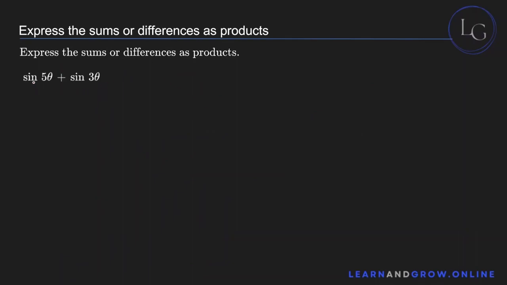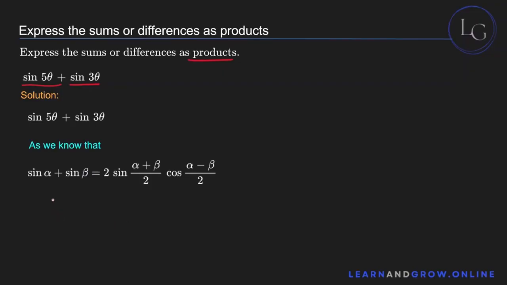It says that sine 5 theta plus sine 3 theta, we need to express this sum as products. Okay, so we have already been given this, right? Sine alpha plus sine beta is equal to 2 sine alpha plus beta by 2 into cos alpha minus beta by 2, right? This was in the previous slide.